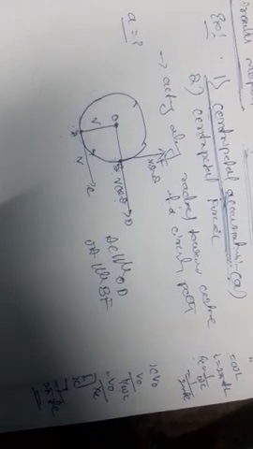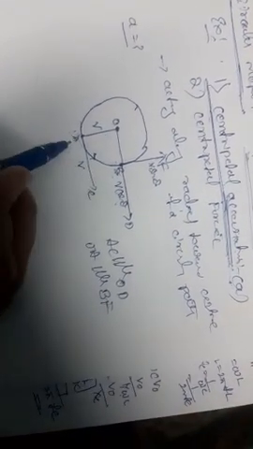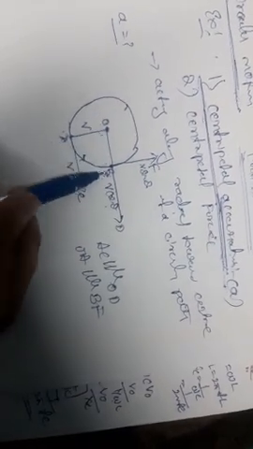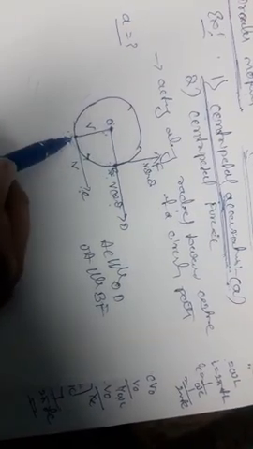Then what is the change in velocity? First find the change in velocity along AC, and then the change in velocity along OA.